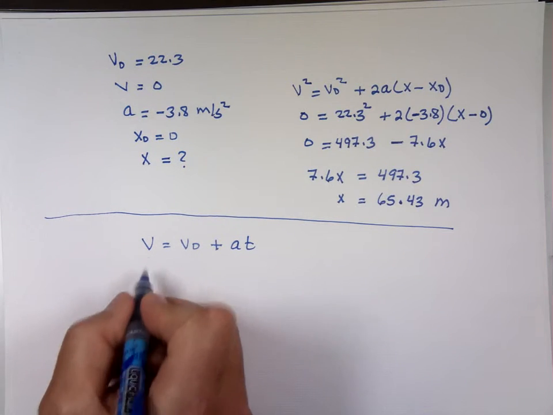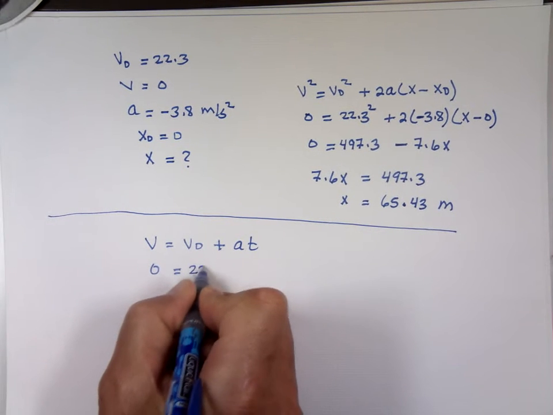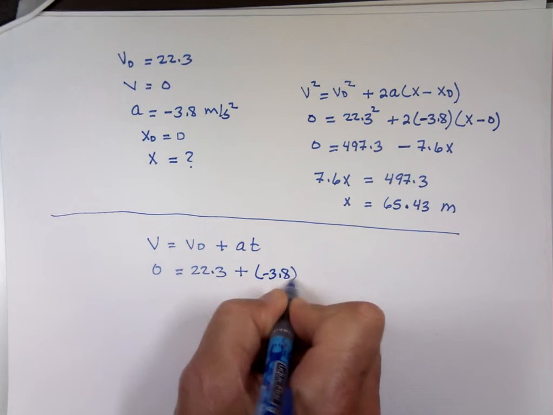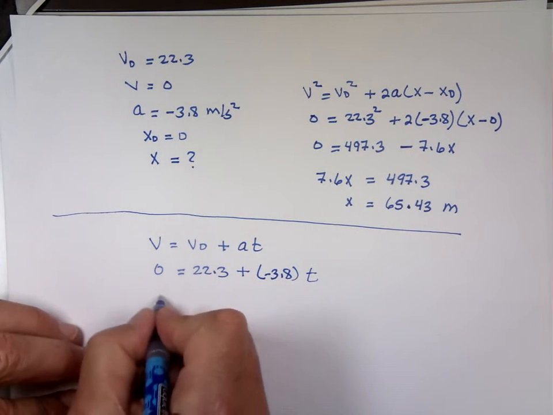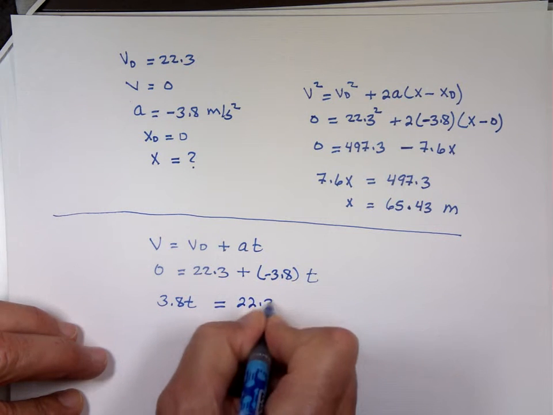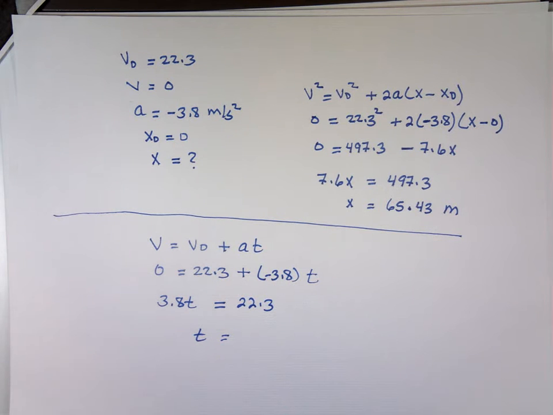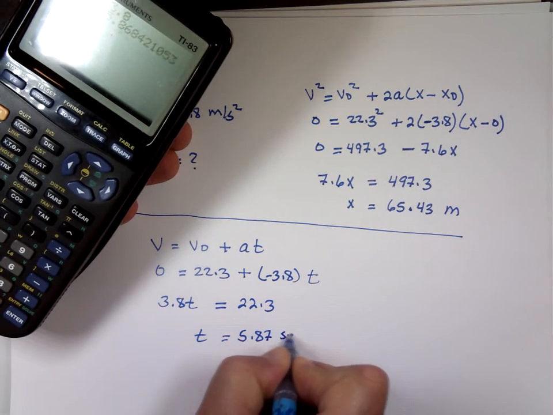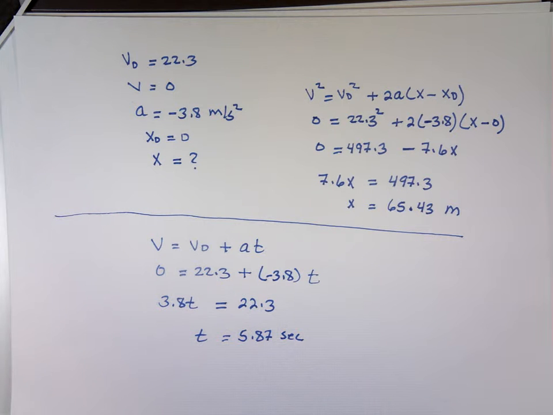V final is 0, V initial 22.3, acceleration is negative 3.8 times time. 3.8t equals 22.3. Can I get the time? It's 5.87 seconds. So I could have taken two equations, put them together to get the same answer.